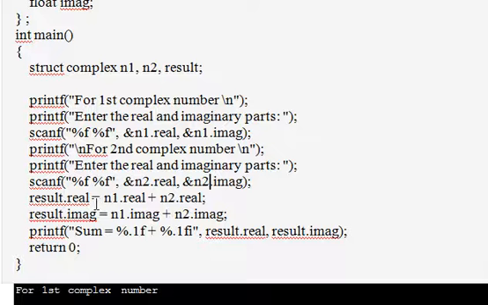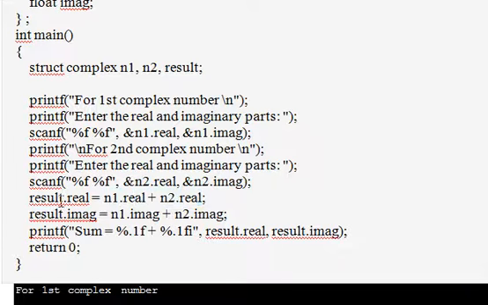Next we have to add these two complex numbers and place the result in the third complex number. Now we add n1 dot real plus n2 dot real. n1 dot real means the real part of the first complex number, and n2 dot real means the real part of the second complex number.